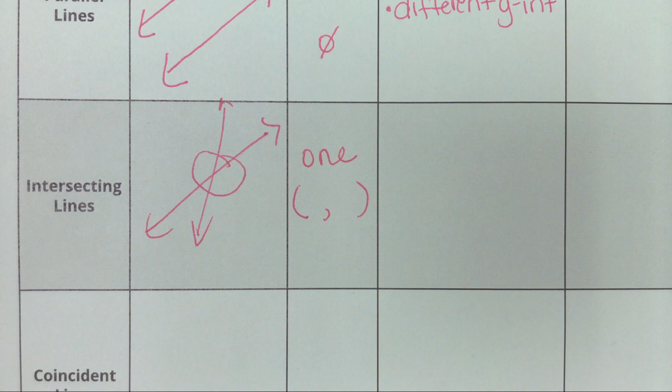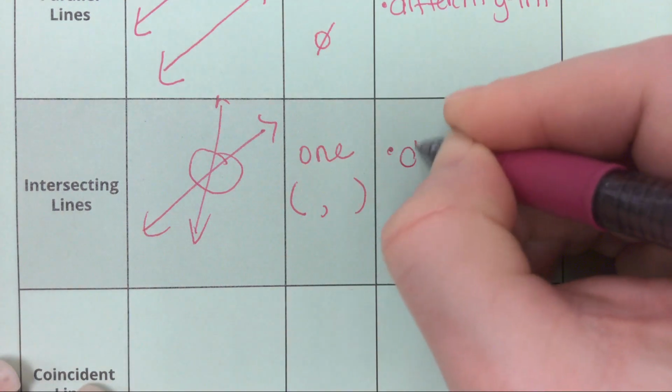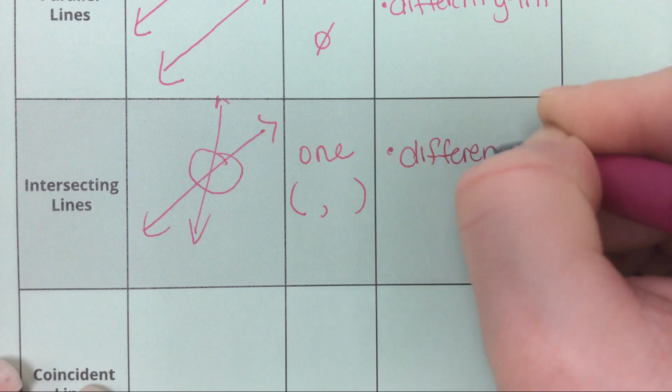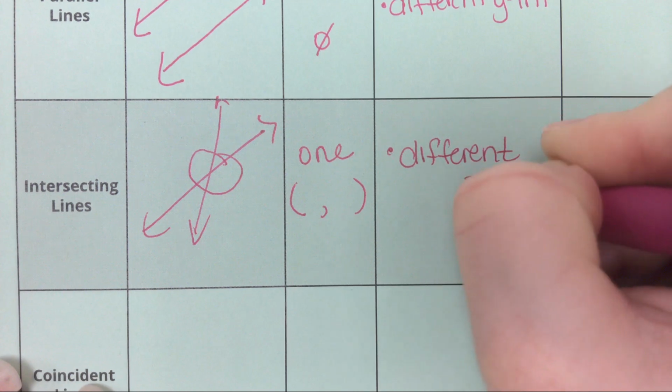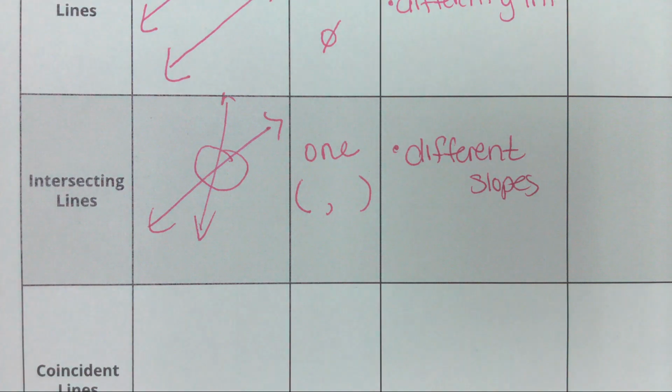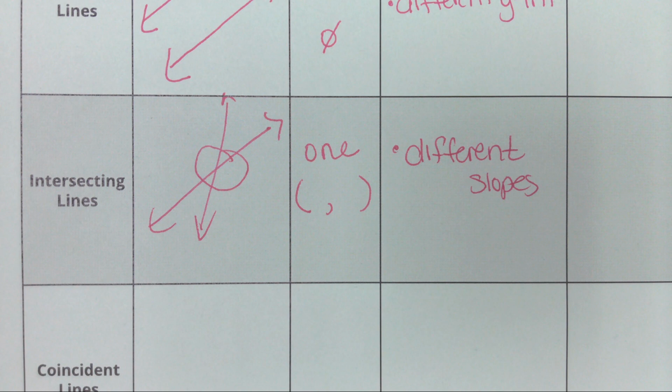Okay, here's the deal with intersecting lines. For sure, they have to have different slopes. They could have the same y-intercept because that could be the point where they intersect. Or they could not have the same y-intercept. It doesn't matter.